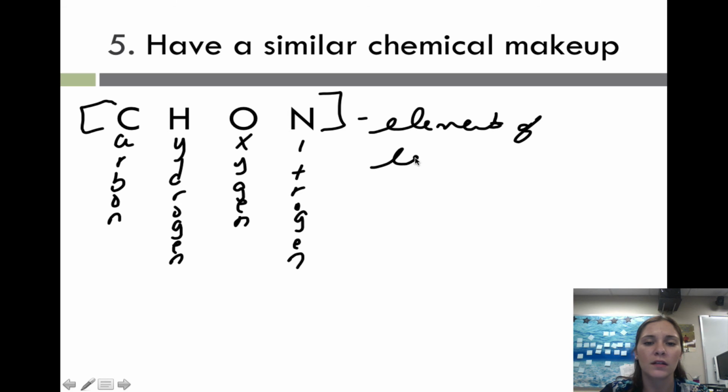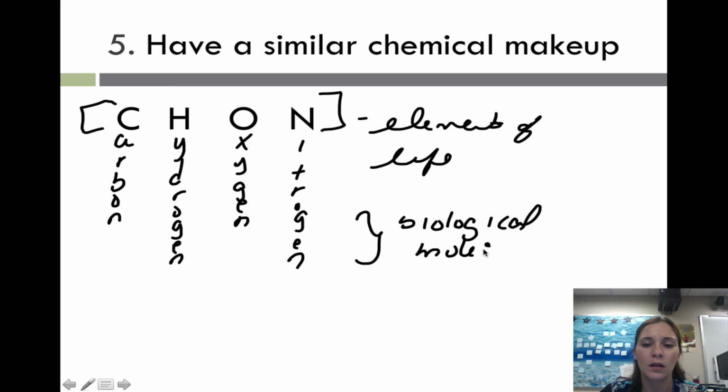All living things are made up of these elements, and these elements combine to make biological molecules. We're going to get to those molecules a little later on, but for example, your lipids. Lipids are fats, right? Those are made from the carbon and hydrogen bonds.